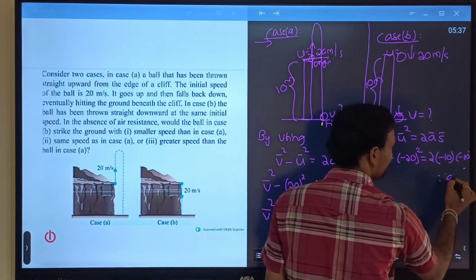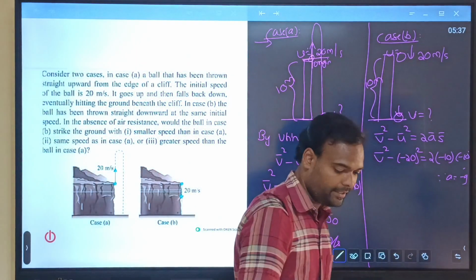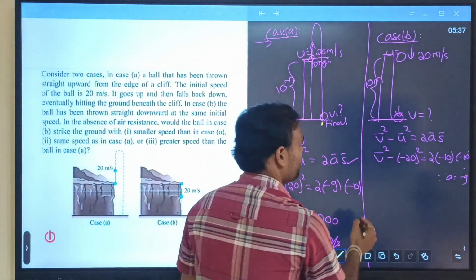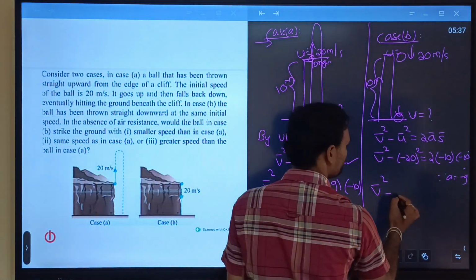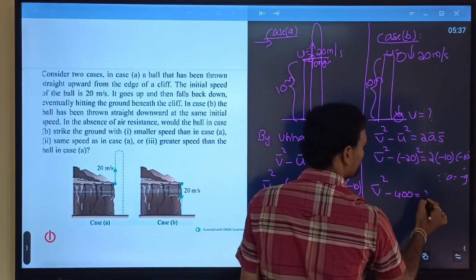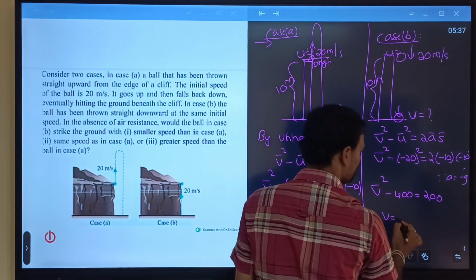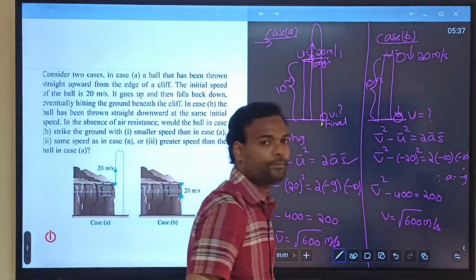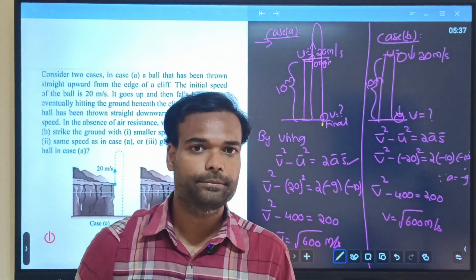Here a is equal to minus g, acceleration due to gravity, right? Now v square is equal to 400 plus 200, v is equal to again under root of 600 meters per second. Clear?